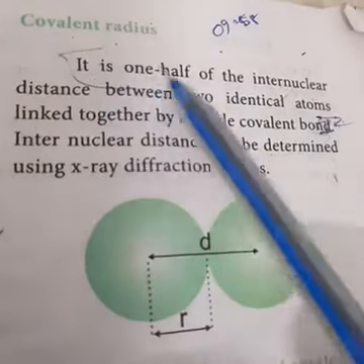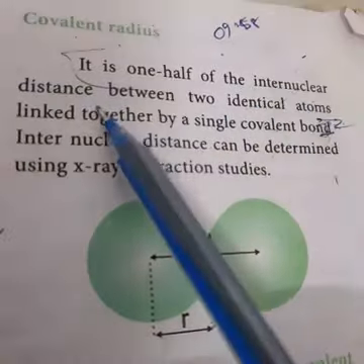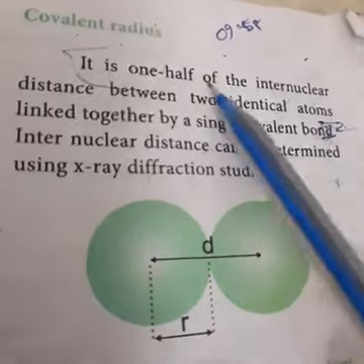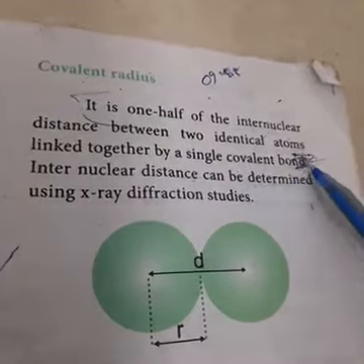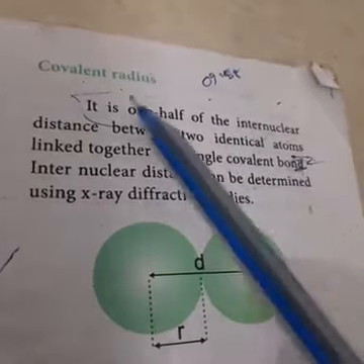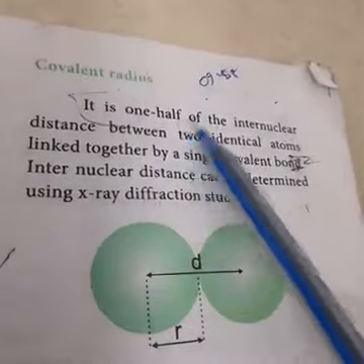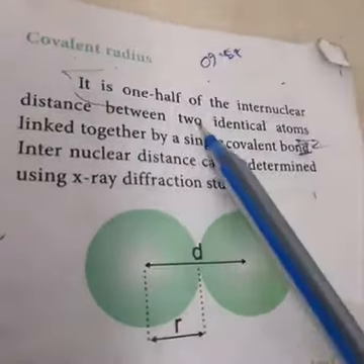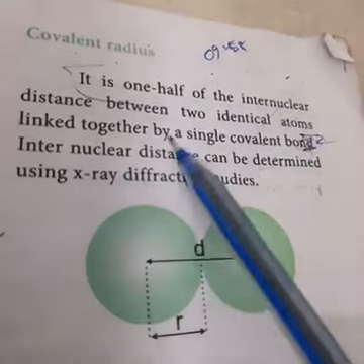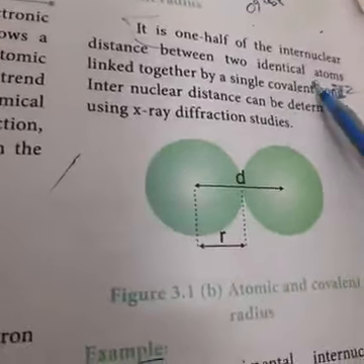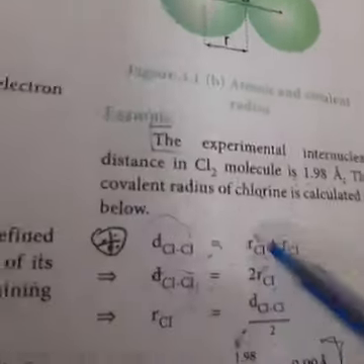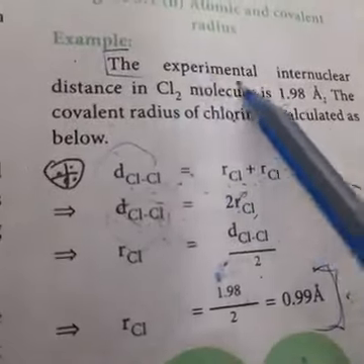And the second question, the covalent radius. What is covalent radius? It is 1/2 of the internuclear distance between two identical atoms linked together by a single covalent bond. Up to here you mark. This is the second question.